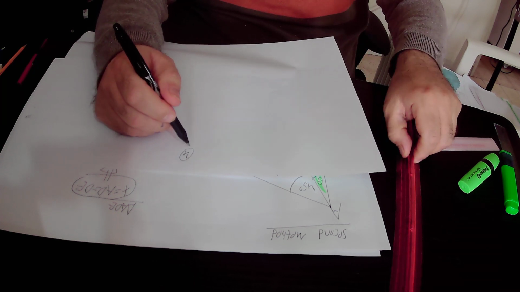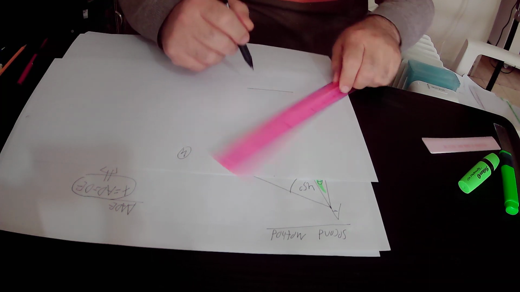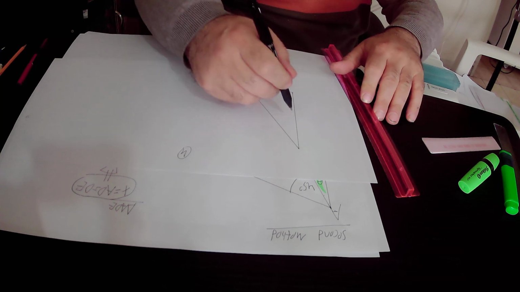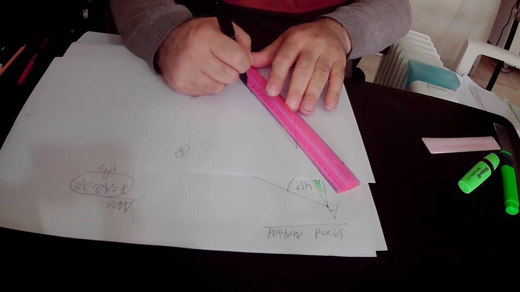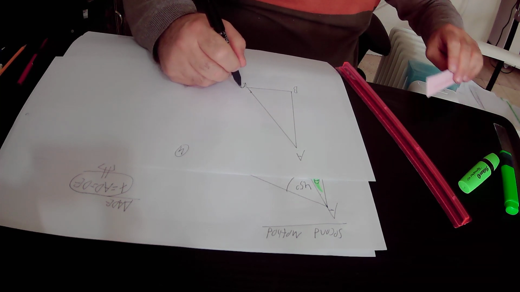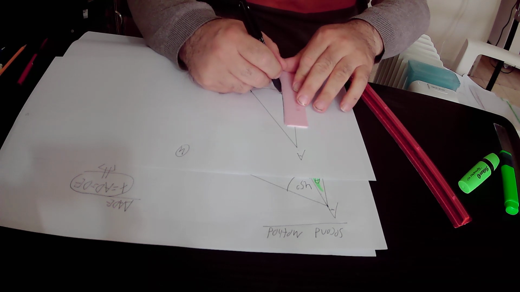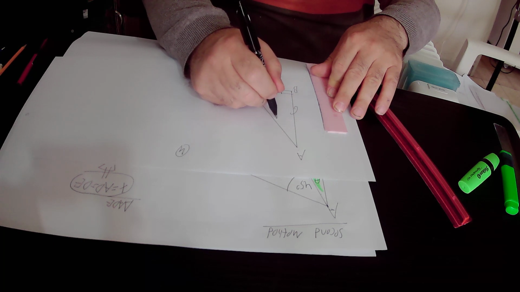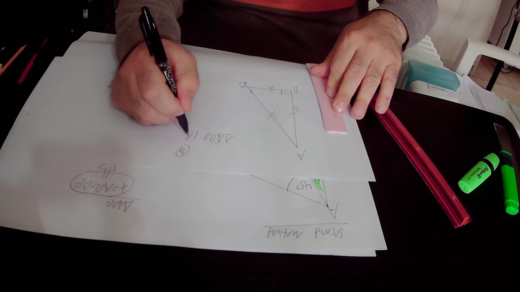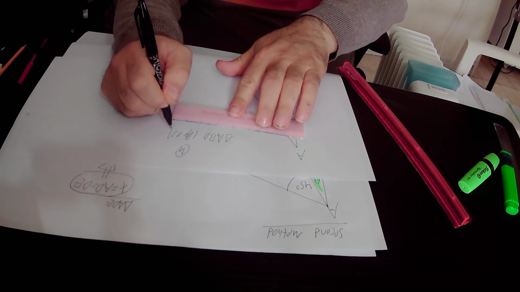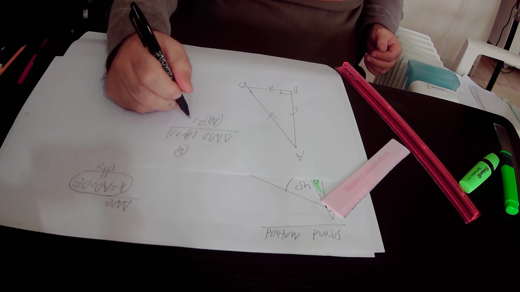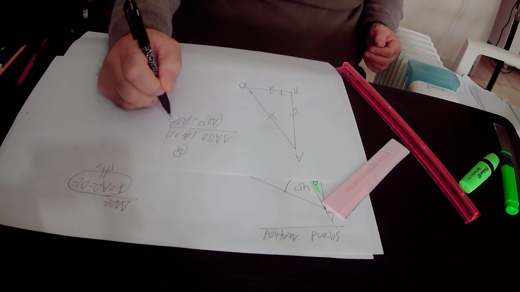Okay, so in the right green triangle ABD, according to the Pythagoras theorem, the square of the hypotenuse equals the sum of the squares of the perpendiculars, that is to say, AB squared plus BD squared equals AD squared.